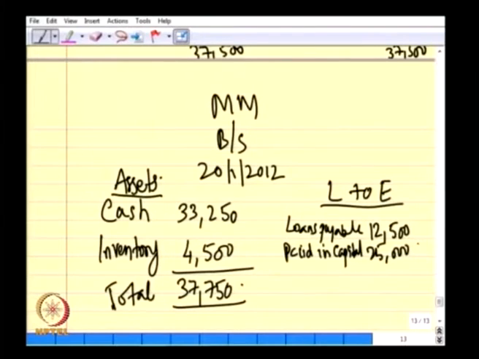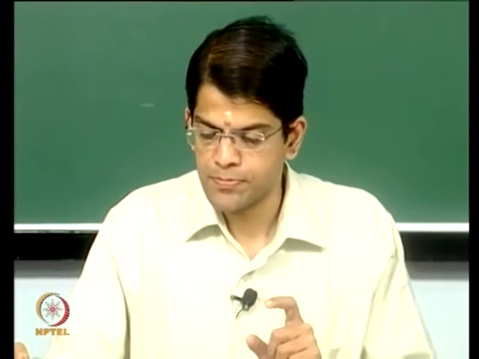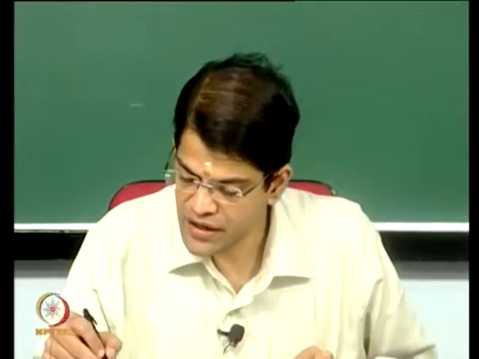Now, where do we accommodate this difference? Here it is 37,500, here it is 37,750. Where do I accommodate this difference of 250? It gets into the retained earnings component.